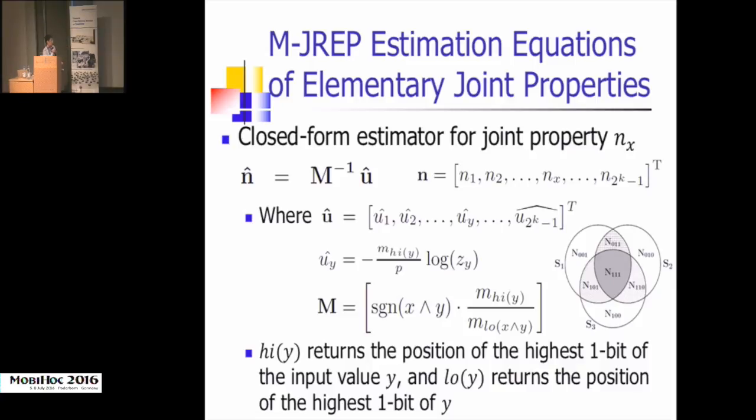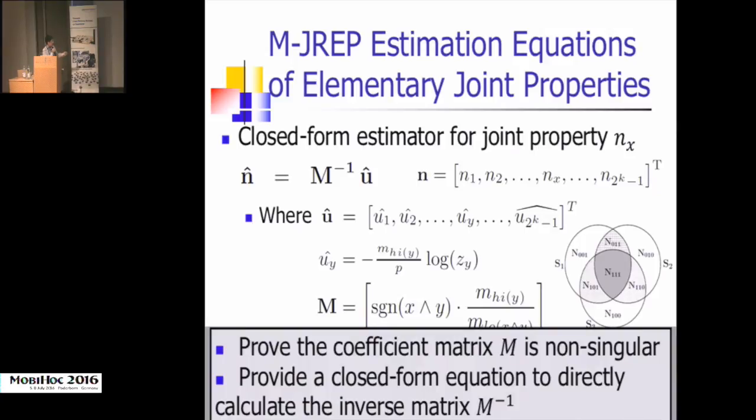You can see the U definition is the same as the previous slide, and M is a matrix following this equation. In our paper, for the details, we have proved that this coefficient matrix M is non-singular. We have also provided a closed form equation to directly calculate the inverse of M. So all the joint properties can be estimated using this matrix transformation.